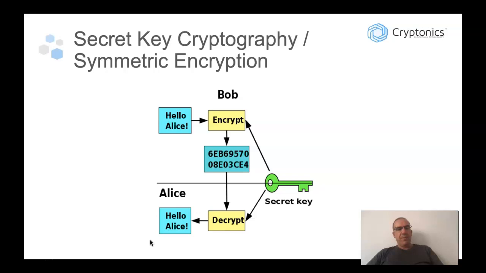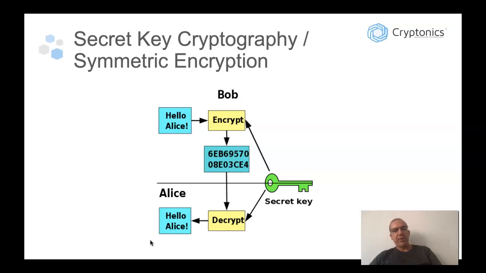So when people think of cryptography, they often think about symmetric encryption or secret key cryptography, which is very important, but generally not used in blockchain. But for completeness, we'll introduce it here. The idea is there's a message that Bob tries to send to Alice, and that's encrypted with a secret key, and Alice uses the same secret key to decrypt the message.